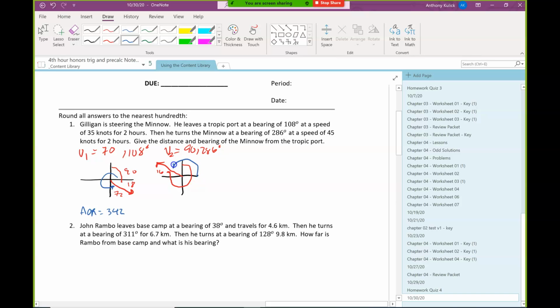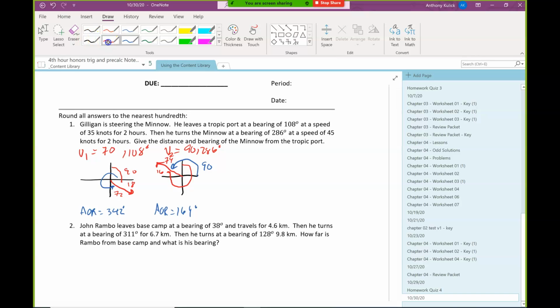So my angle of rotation is here. So that's 90, and then the complement of 16 is 74. So 90 and 74 gives me 164. So far, so good, Kristen?